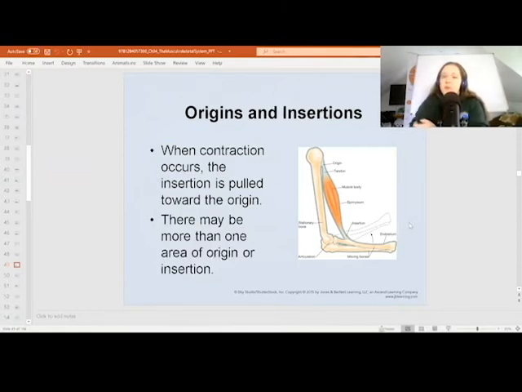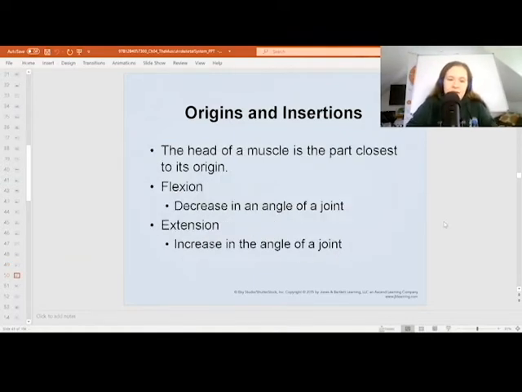Usually in bodybuilders, when the insertion point snaps, which tends to be the weaker part, the muscle folds up to the origin point, and you can see that through the thin layer of skin. The head of a muscle is the part closest to its origin.